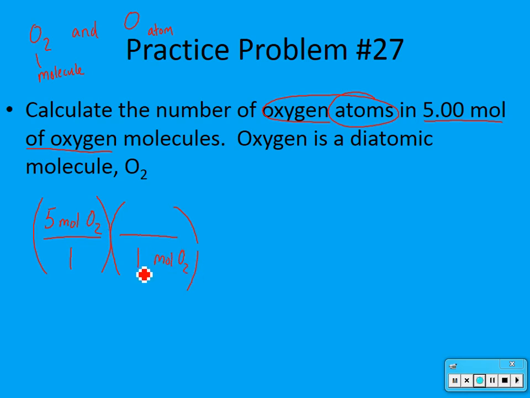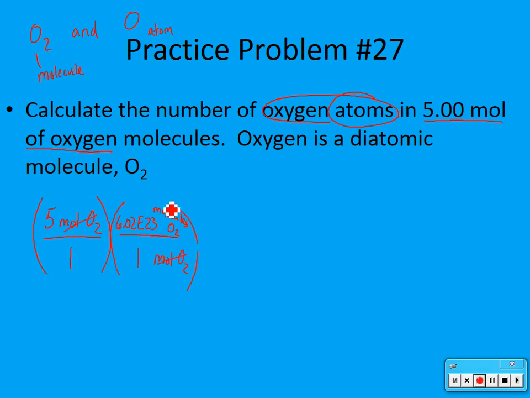In 1 mole of O2, there's 6.02 times 10 to the 23rd molecules of O2. And so, yeah, here's the point that I was trying to make earlier. This is O2, so we couldn't go directly to atoms with O2 because O2 is a molecule. So we have to first go to molecules. But now my moles of O2 is going to cancel out, and I'm left with molecules of O2.